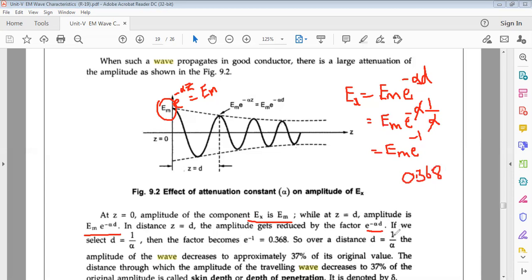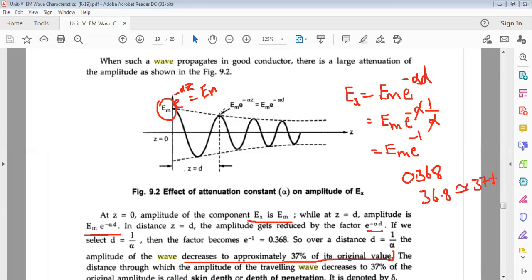So over a distance d equal to 1 by alpha, the amplitude of the wave decreases to approximately 37% of its original value. You can take 0.368 as a percentage, it becomes 36.8, which is approximately equal to 37%.